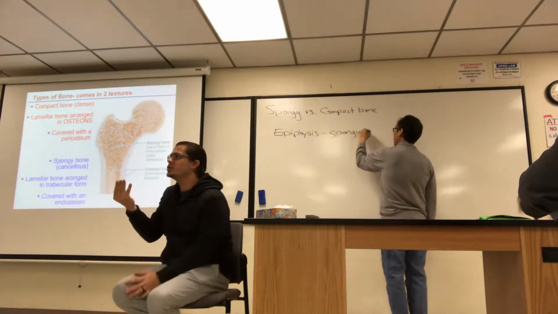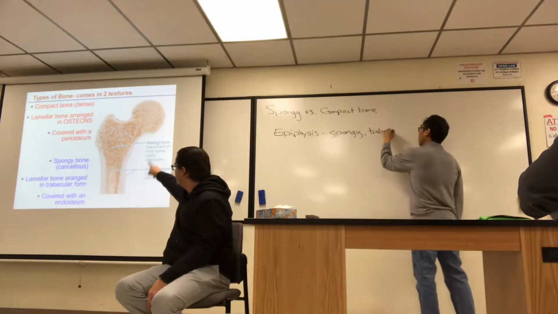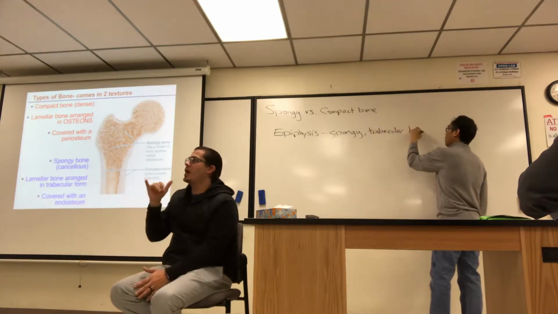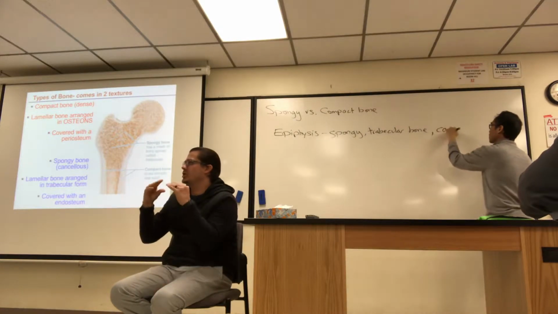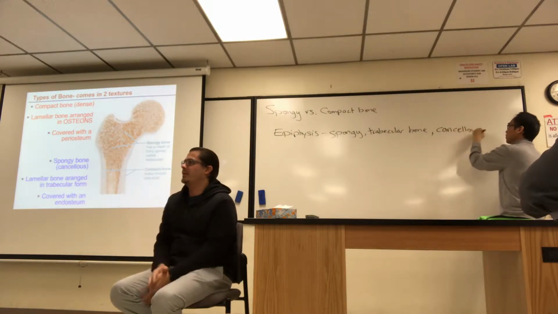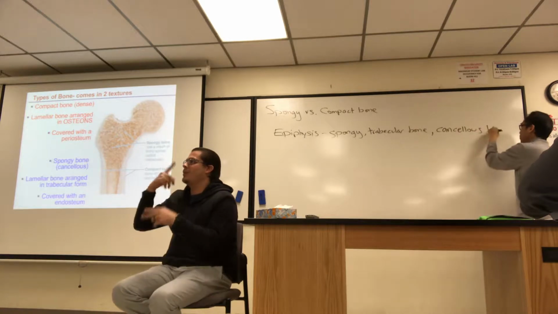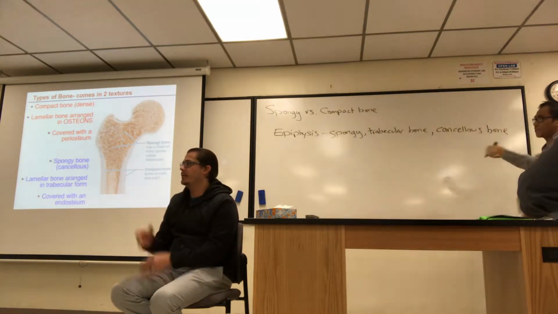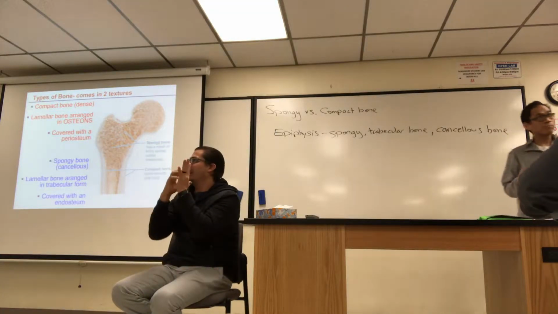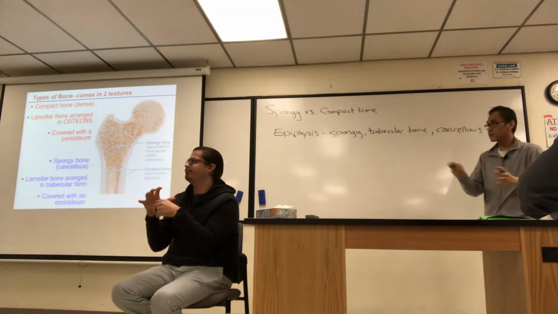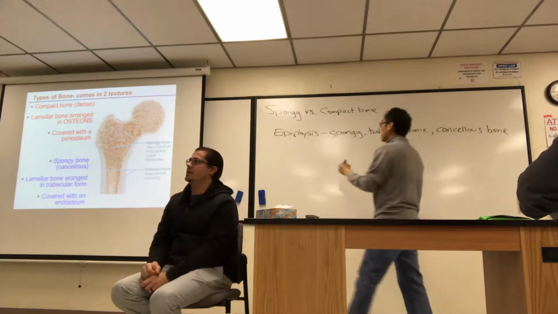Spongy or trabecular bone. I even see the term cancellous. Just different names for the same thing, whatever that appears like to you. It's light, it's airy, it's not compact and dense as compact bone is.